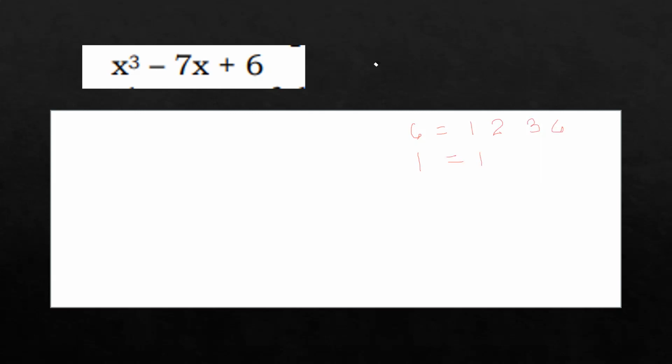So in that case, gagawa tayo ng listahan ng pwede maging factor. So that's 1 over 1, that's positive, negative 1. 2 over 1, so that is positive, negative 2. 3 over 1, so that's positive, negative 3. And positive, negative 6.